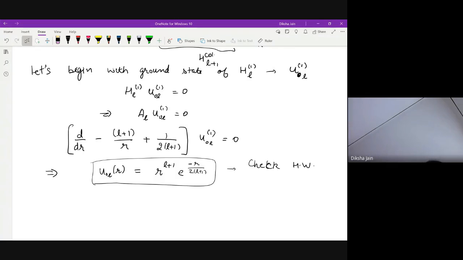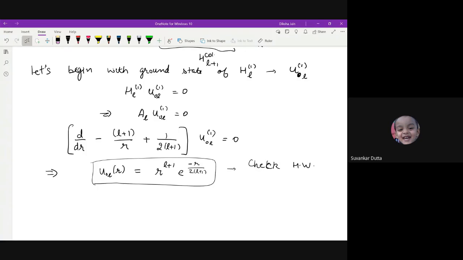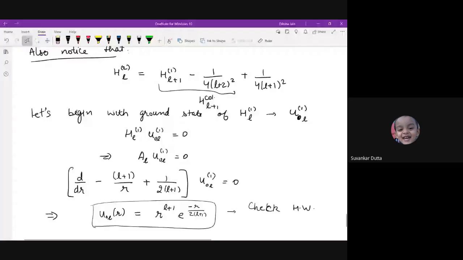Once you have found it, then the problem becomes easy. So the only tricky part is to find the superpotential. I mean, is it true that if I have any 1 over R to the power n potential, I can always find the superpotential in this way?